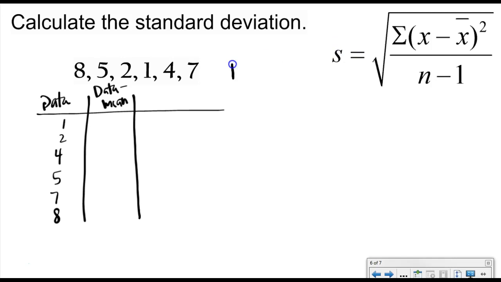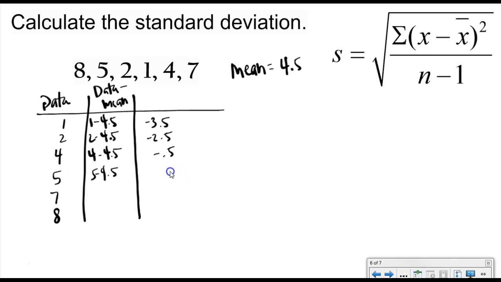So our mean is 4.5, and then I subtract 1 minus 4.5. So I get negative 3.5, 2 minus 4.5, and, oh, not negative.